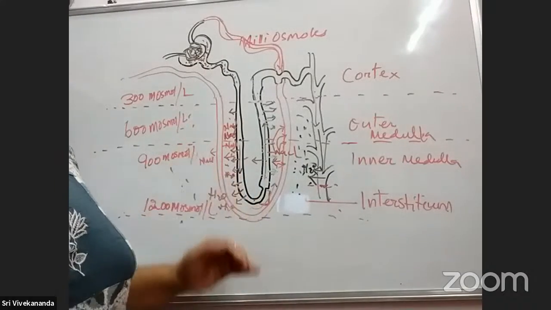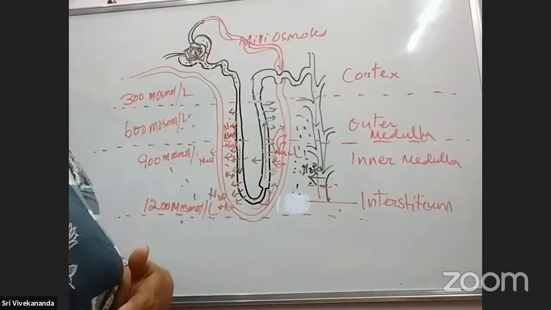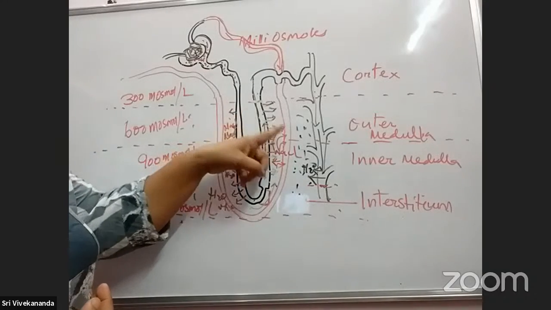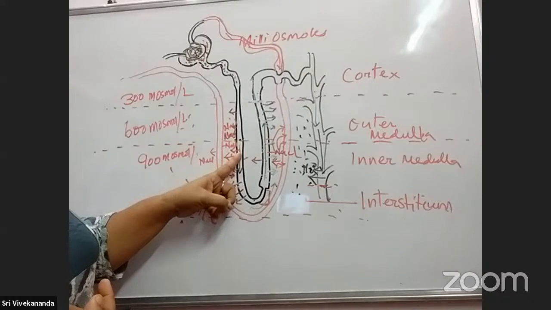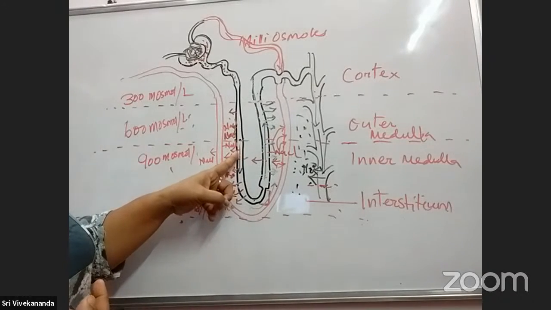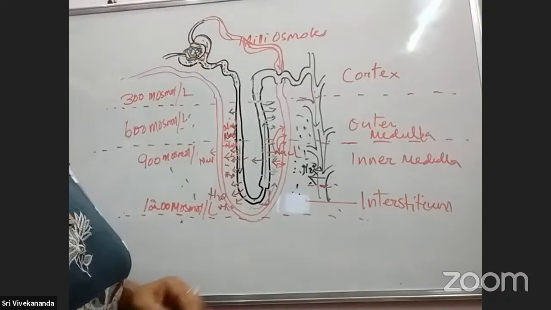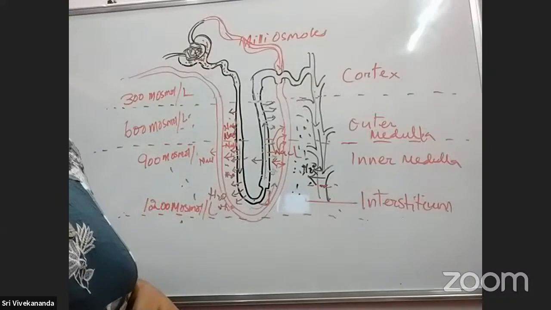But they are present counter to each other. Correct? Which is the ascending limb? The side where the vasa recta is the descending limb, the loop of Henle is ascending. Yes, so they are counter to each other, in opposite direction.